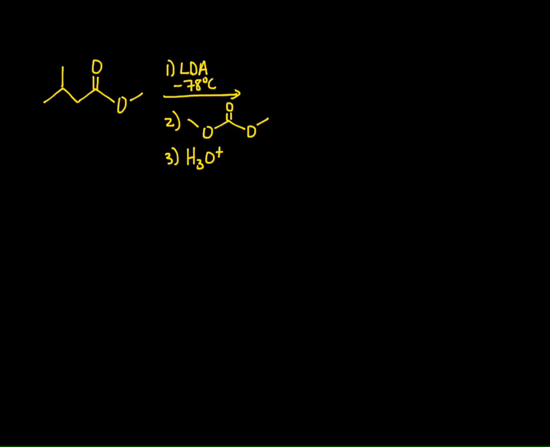So let's again see if you can draw the product of that resulting structure. All right, it looks like this. So a beta-keto ester. And upon hydrolysis, I'm going to get a 1,3-dicarboxylic acid in this particular case, which can undergo decarboxylation.